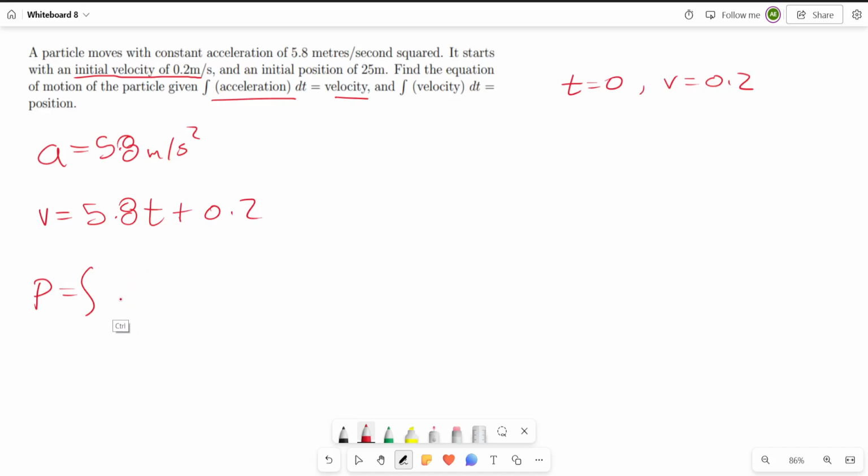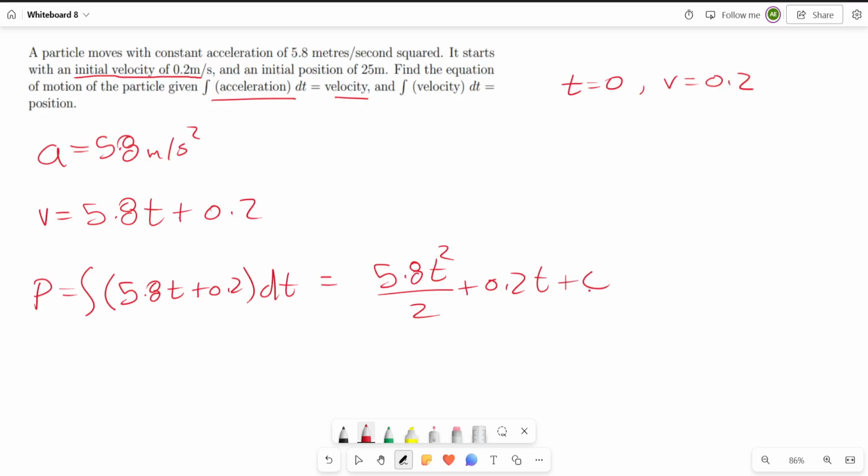So instead of velocity, I'm going to put the expression of velocity, which is the same thing, 5.8t plus 0.2 with respect to dt. So integrating that is going to be equal to 5.8t squared over 2 plus 0.2t plus c. Again, to find c, I will need some sort of initial condition. And again, it told me that initially the position is 25.